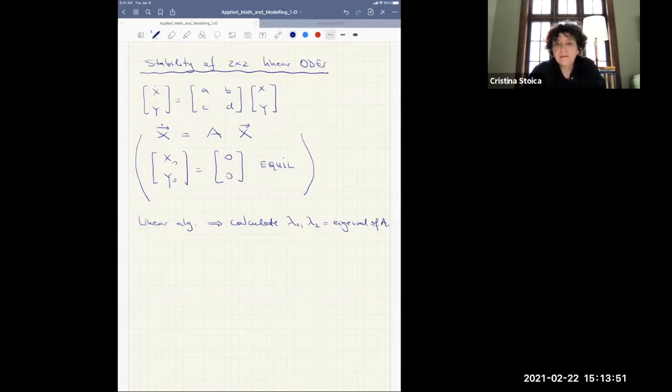Remember that, let's calculate the eigenvalues. And let's denote V lambda 1 and V lambda 2 to be the eigenvectors.